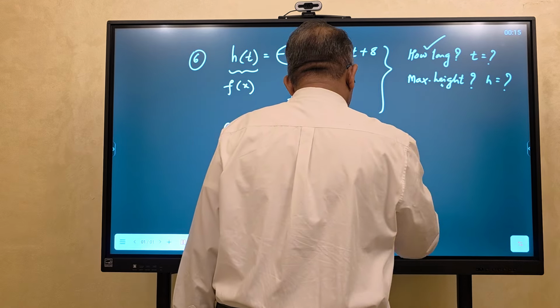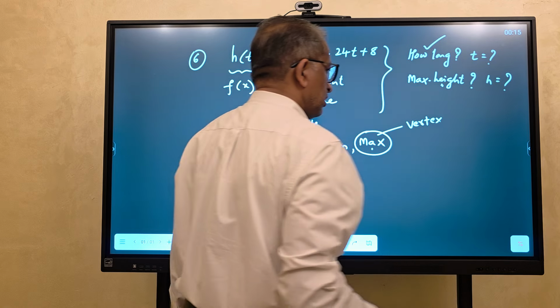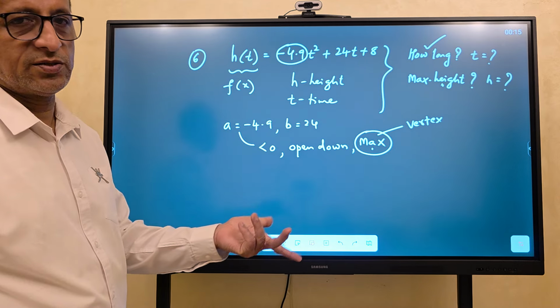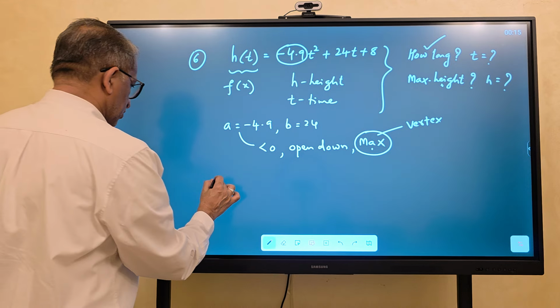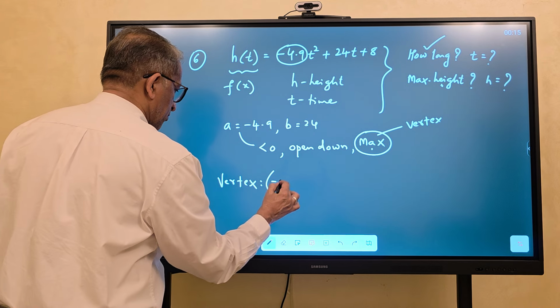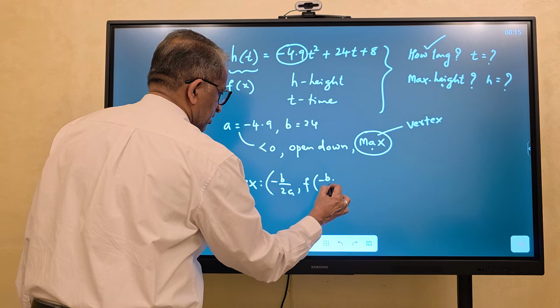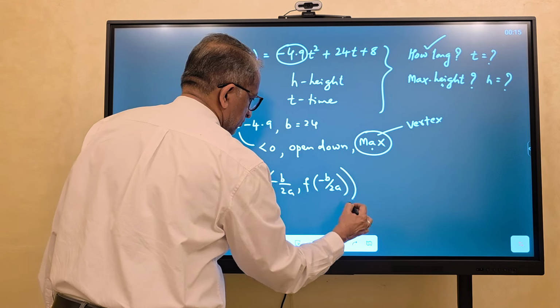So to find the maximum I have to find what? The vertex, because the vertex itself is the maximum. So what is the formula here? Vertex: minus b by 2a, f of minus b by 2a.